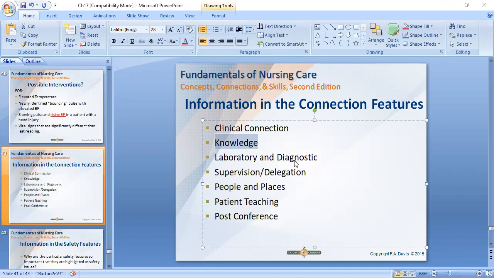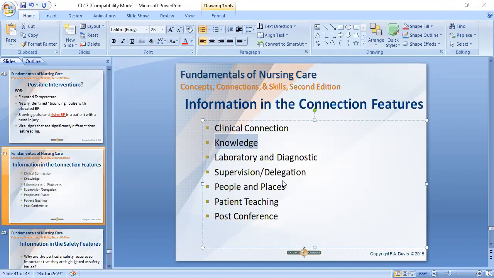nursing diagnosis. And definitely according to your patient, you either work under supervision or someone works under your supervision, right? So to check all of the vital signs, we have to delegate the patients.